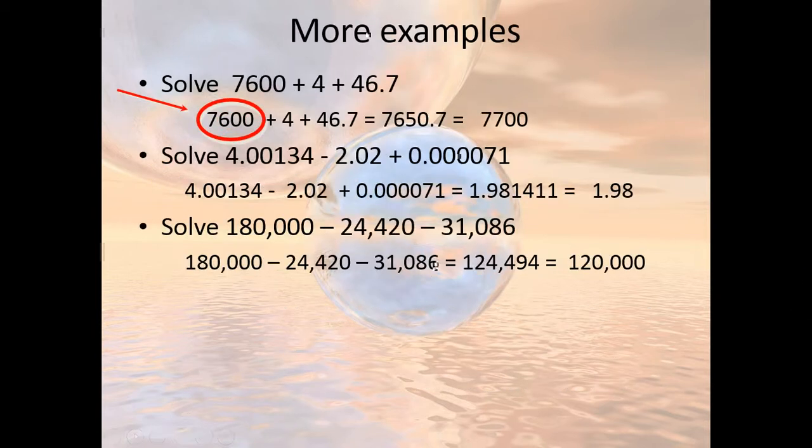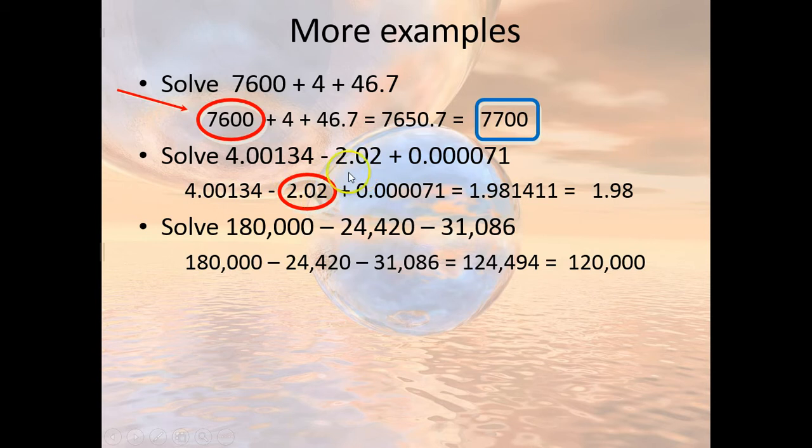So some more examples. Let's say you have this number, 7600 plus 4 plus 46.7. So 7600 is the least precise, so we need to round our answer to the nearest hundred, because this is only good to the hundreds place. So 7700. Whereas meanwhile, in this next example, the 2.02 was the least precise number.